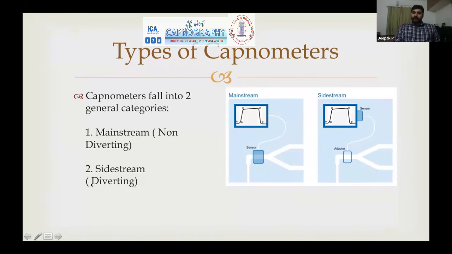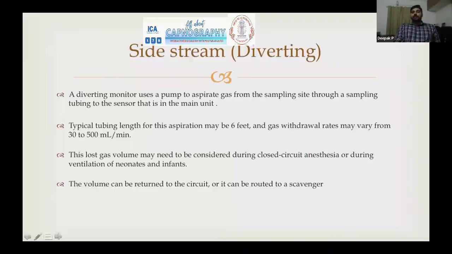Whereas in a side stream or diverting type of capnometer, the sensor is placed away from the circuit. So a sampling line takes the necessary gases through a line to the sensor, which is placed remotely to the circuit. First, we'll see about side stream or diverting type of capnography.